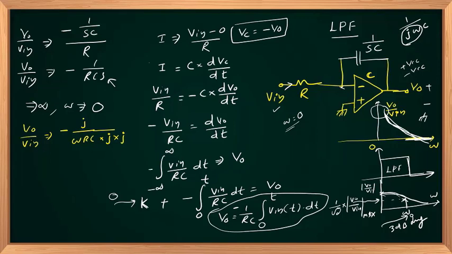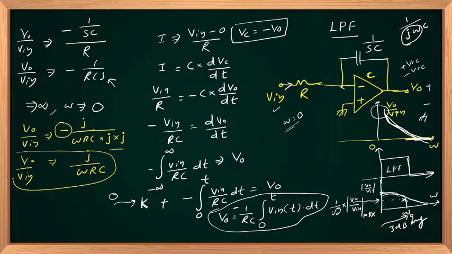So j square will become minus 1, so this will become j upon omega RC. This minus and the minus will cancel each other. So this is the transfer function of your integrator.